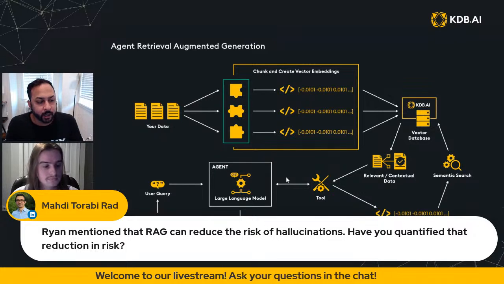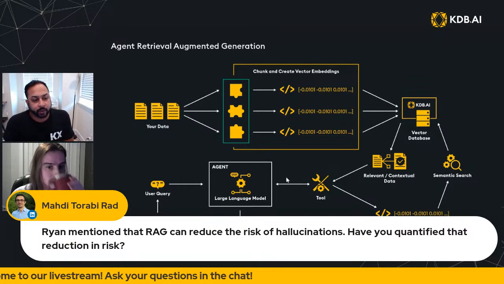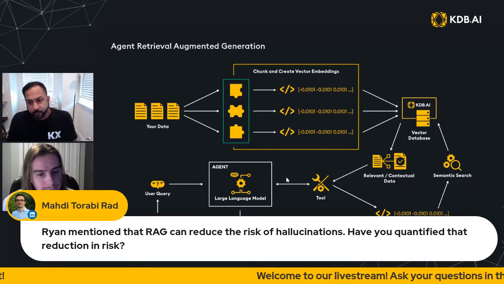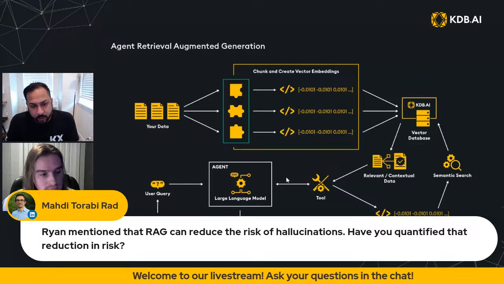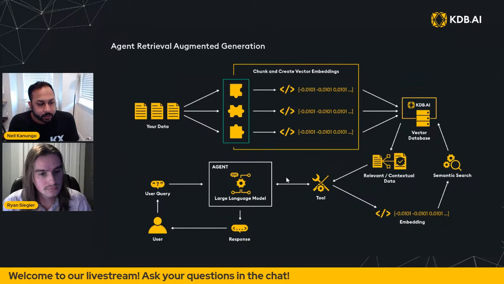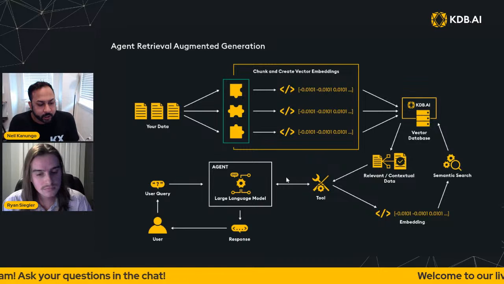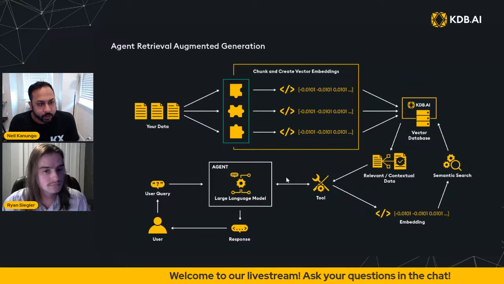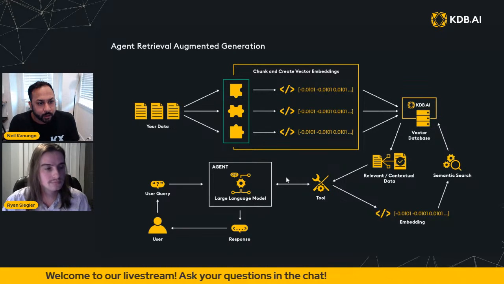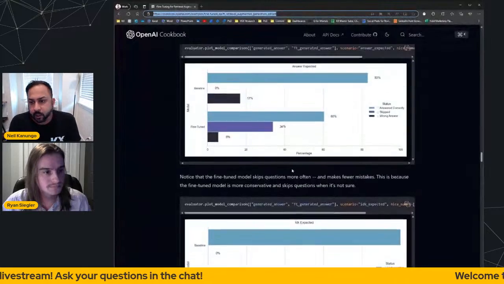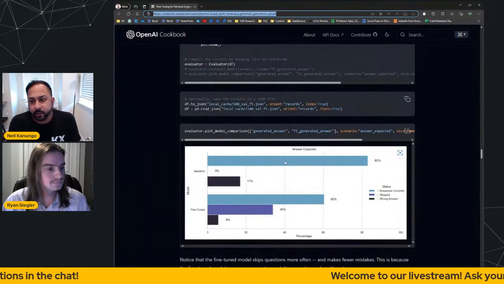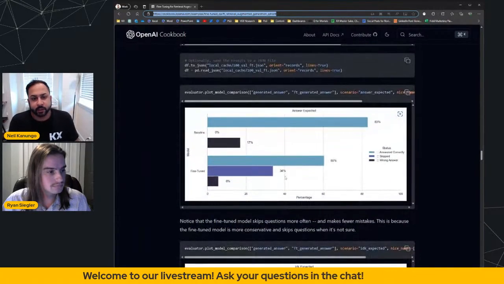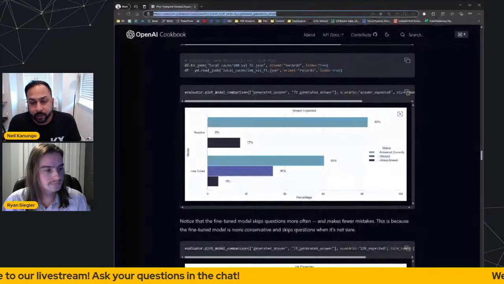So Mondi was asking that you were talking about RAG reducing the risk of hallucinations and having quantified that reduction in risk. So one thing that I was actually reading about this morning was an OpenAI cookbook that was talking about fine tuning. And let me see if I can share that screen. Yeah, here it is. Some fine tuning can be employed as well as RAG. And what you can do is they use the Squad data set, which is a question answering data set from Wikipedia articles.